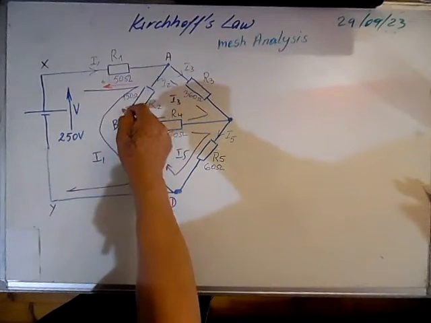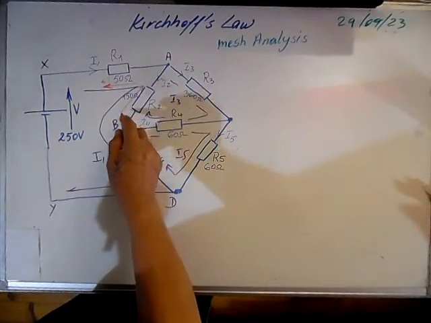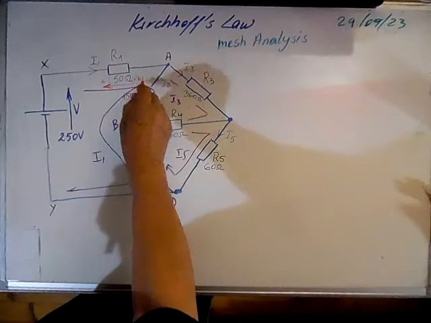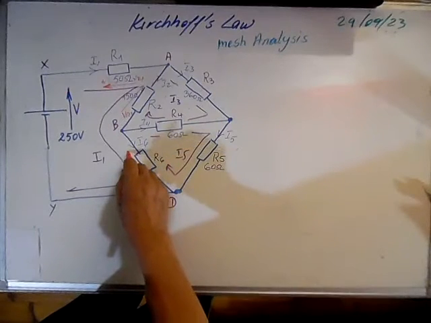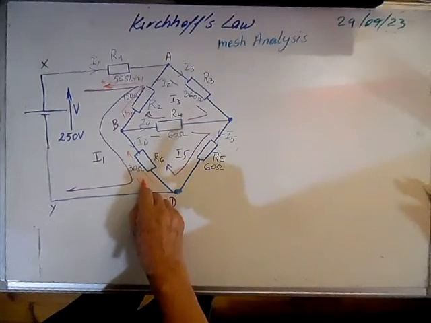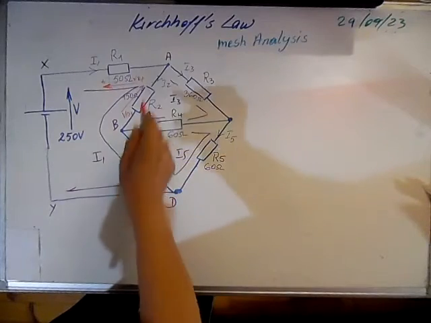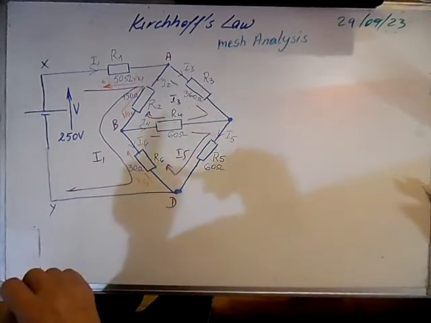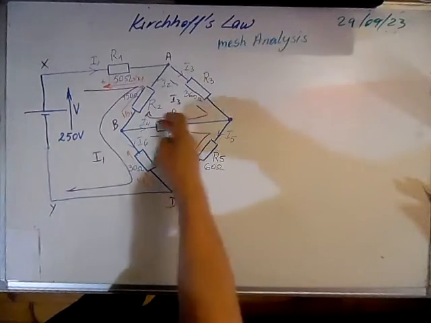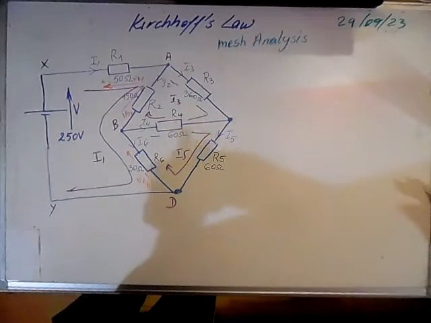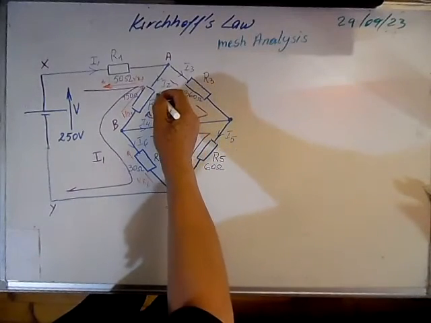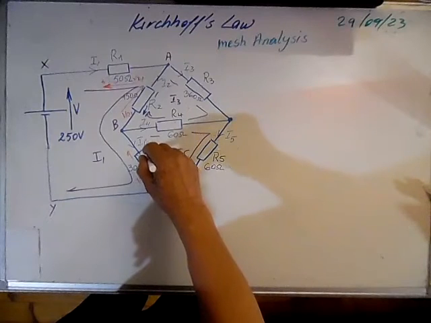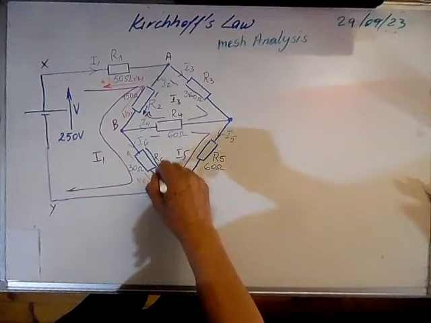So in red I will draw voltage drop VR2 here, VR1 here, and here VR6, because of the current that flows like this, so the drop will be in this direction. But for this current, the drop will be in this direction, so it's in green, and here it will be green.